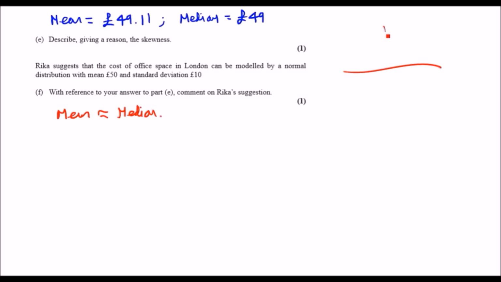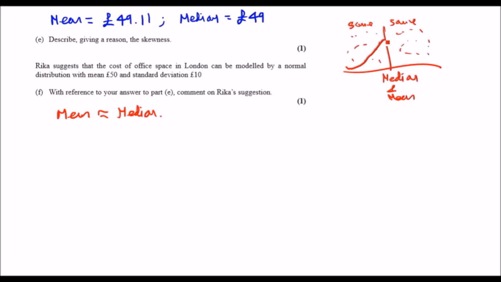Just think of it like this. This is the median of the whole data set, and it's also the mean. This means that the amount of values on both sides are going to be identical. So they're both the same, and we just imply that it's symmetrical.